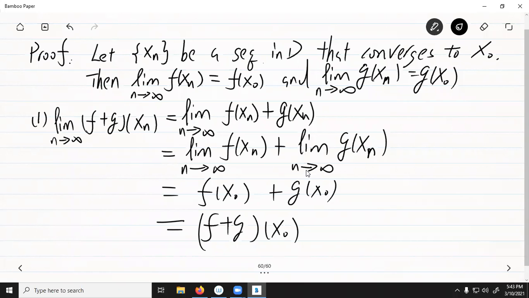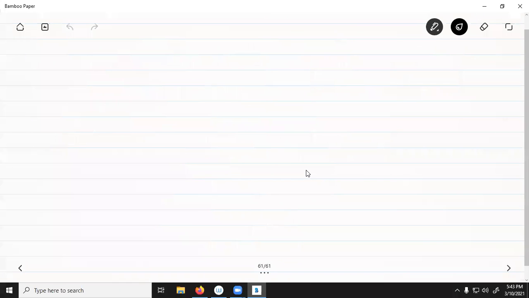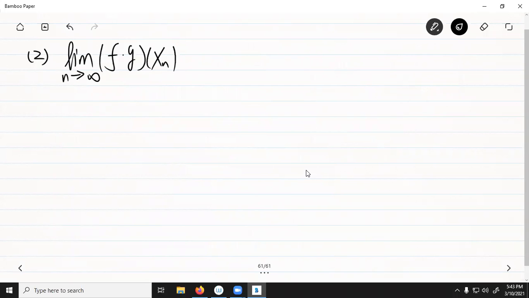The second part is the same. We still consider the limit of this sequence, f times g of xn. So that means the limit as n approaches infinity. What is f times g of xn? That is f of xn times g of xn, right?